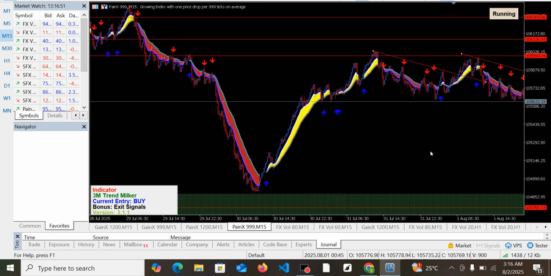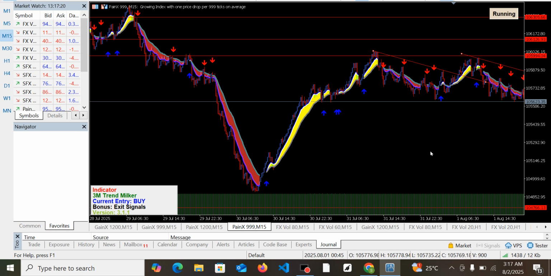Then the next thing is for you to know when to go into the market and when to exit the market. And for you to know that, you should be able to identify your support and resistance zones, the major ones. Once you are able to identify these, you will be able to say, this is where I should jump into the market and this is where I should run away from the market. All these are very, very important.